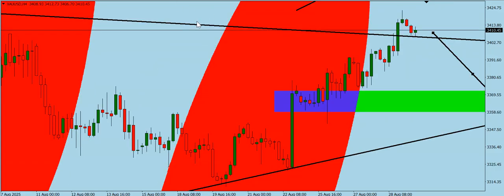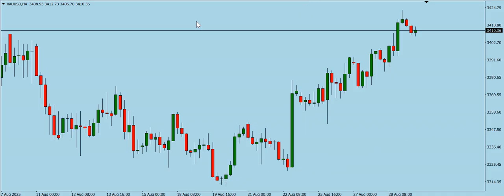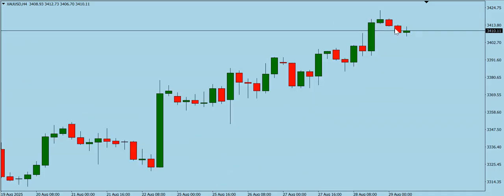On the 4-hour time frame, what do we have? Price is still going up on the 4-hour time frame, but in the last couple of 4-hour candles, we see price dip to this particular high around here.